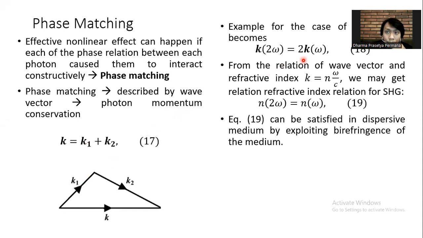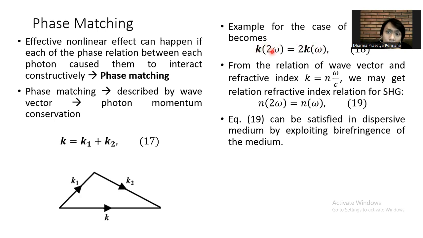And another example is the case of second harmonic generation, where k1 and k2 are the same, right? So the phase matching condition will satisfy this equation again. k of omega 2 is the wave vector of the photon generated from this second harmonic generation with the frequency of omega 2, and k of omega here is the wave vector of the initial input photon with the frequency of omega.